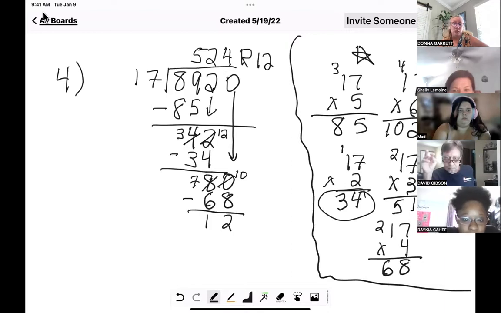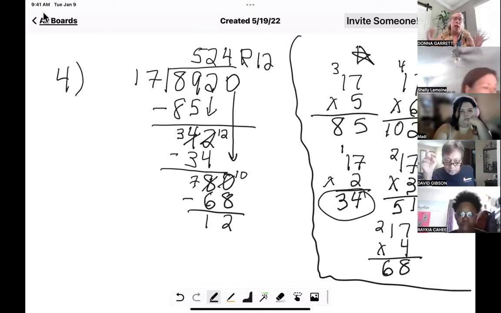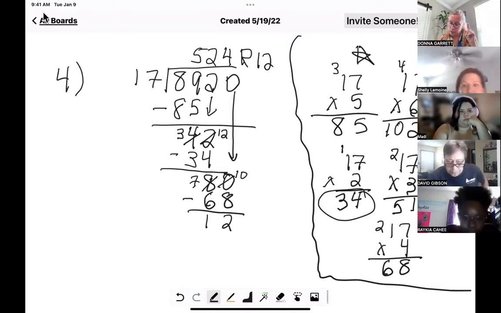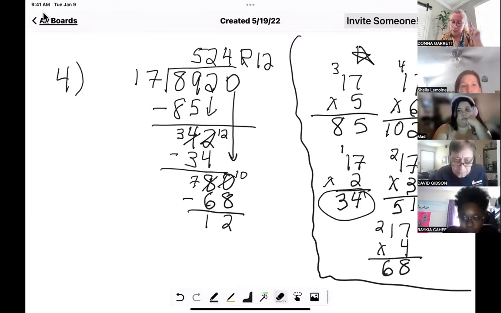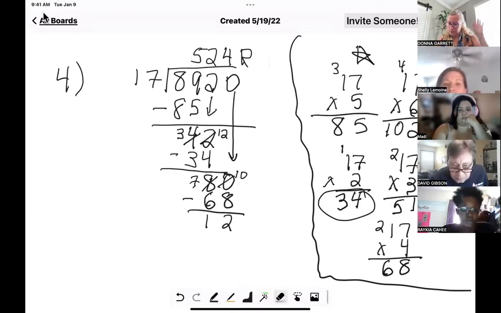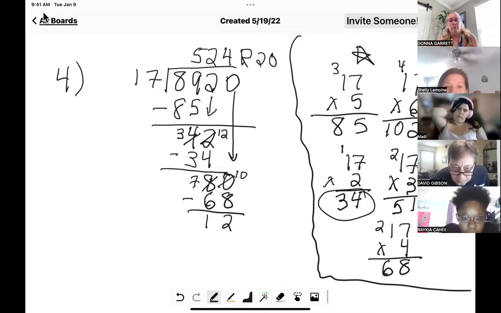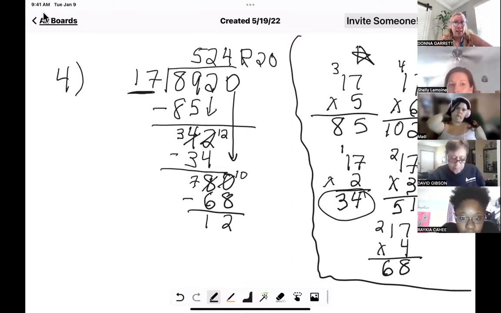Exactly. Now, that's a really good question. So how do you know if your remainder is right? Well, okay, you can check it. But let's say I did this problem, right? And let's just say, I'm going to erase it, but I'll come back to it. Let's just say, for the sake of argument, that I did this problem and my remainder was 20. How do I know I'm wrong? Not this problem, but anything. I'm dividing by 17, right?